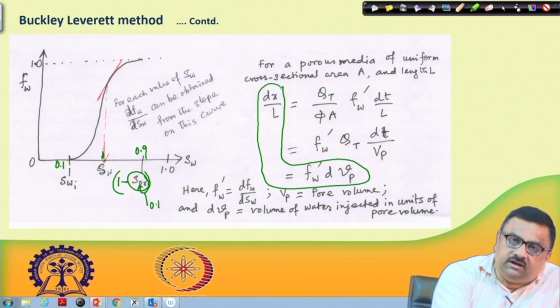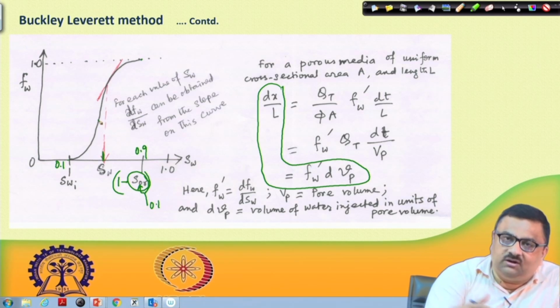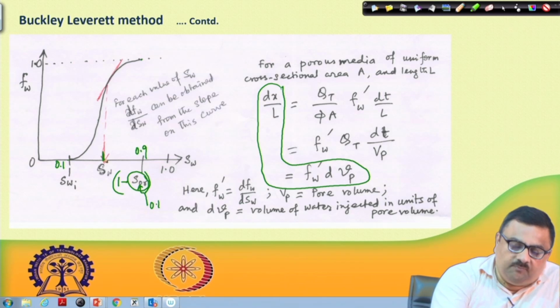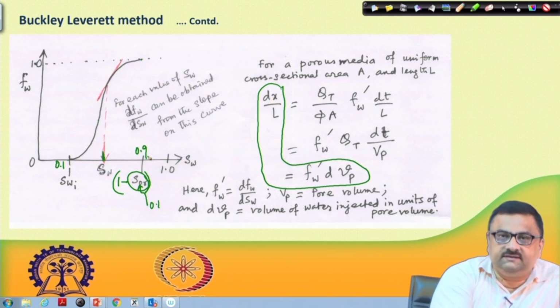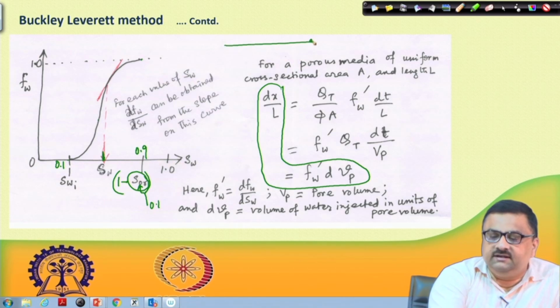And what is the saturation as the flow continues this way? What would be the saturation? A particular saturation Sw will travel by a distance dx, or dx by L is the fraction of total distance. Total distance is L. Out of that, a saturation packet starting from the inlet would travel a distance dx.